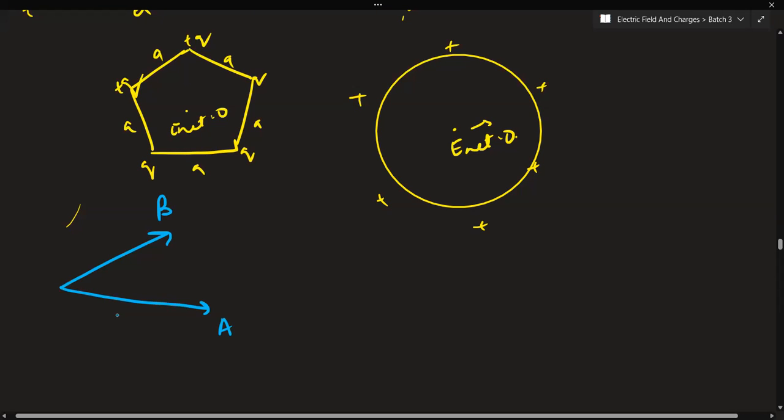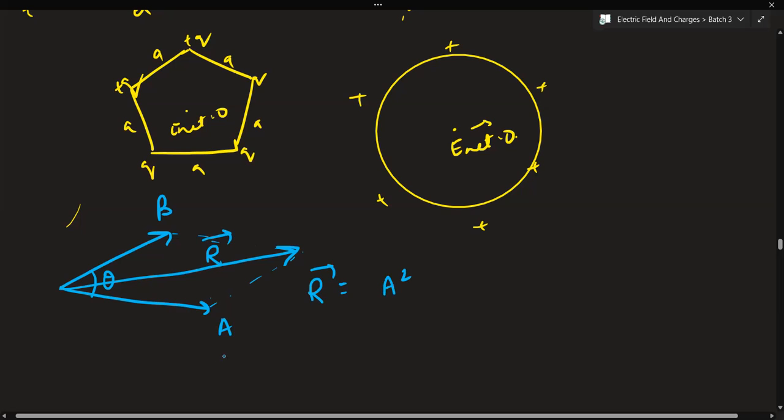If two vectors represent the adjacent sides of a parallelogram, for example, this is your complete parallelogram, and they have a certain angle between them, their resultant is given by the diagonal of the parallelogram. And the magnitude of the resultant is calculated how?